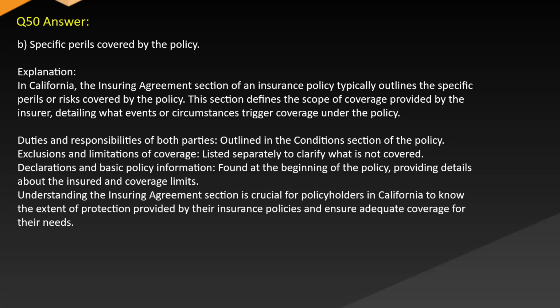Exclusions and limitations of coverage are listed separately to clarify what is not covered. Declarations and basic policy information are found at the beginning of the policy, providing details about the insured and coverage limits. Understanding the insuring agreement section is crucial for policyholders in California to know the extent of protection provided by their insurance policies and ensure adequate coverage for their needs.